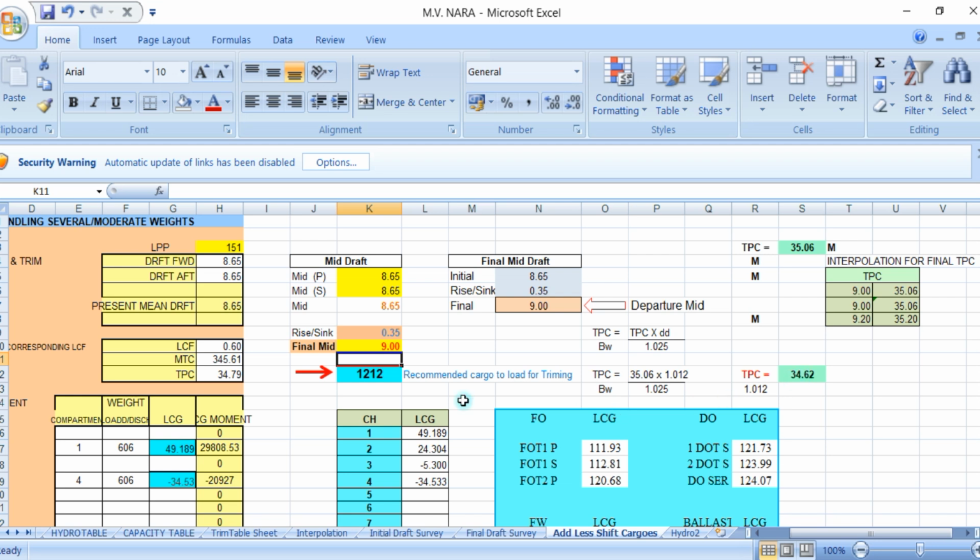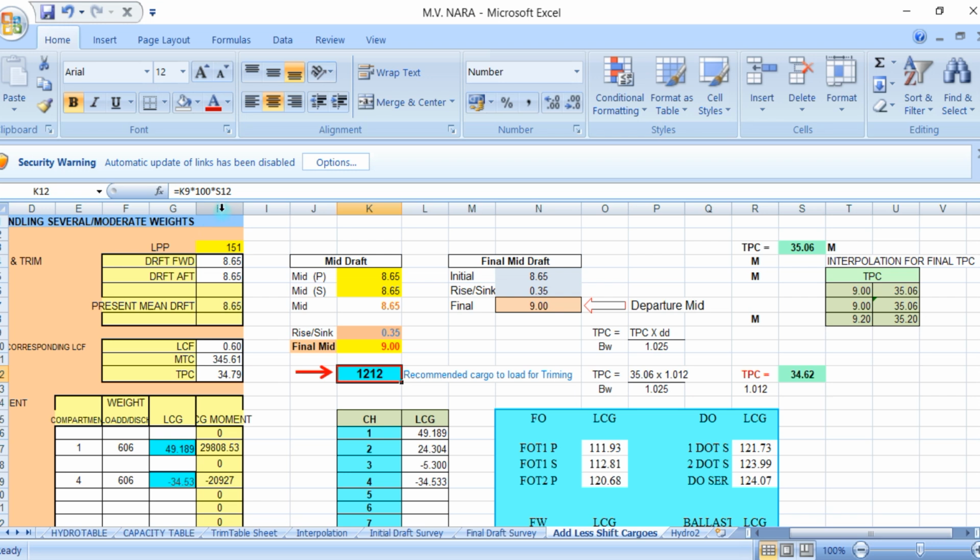The question is how much cargo will you load to reach 9 meters? To get the cargo to load, this is the formula: the rise or the sinkage times 100 times this TPC, which is the TPC of 9 meters.